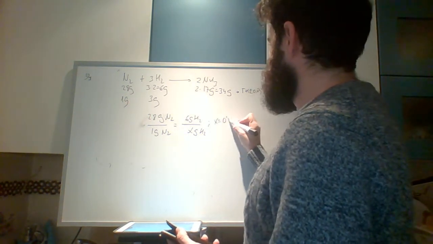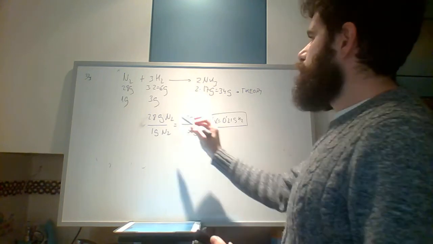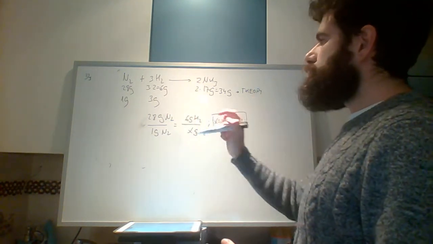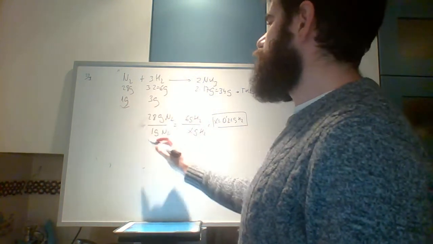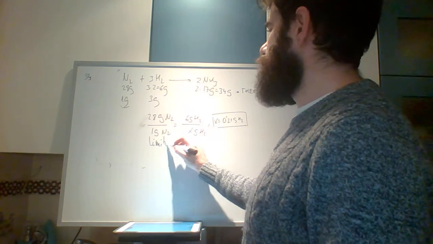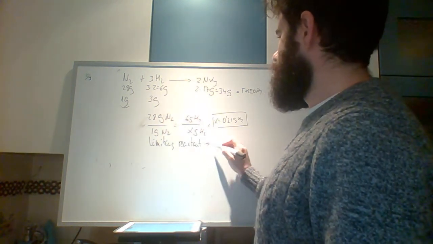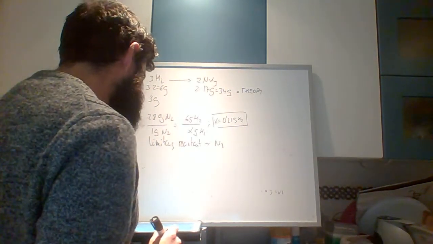X equals 0.21 grams of hydrogen. What does it mean? You have 3 grams, so hydrogen is not the limiting reactant. The limiting reactant is nitrogen. So it's false.